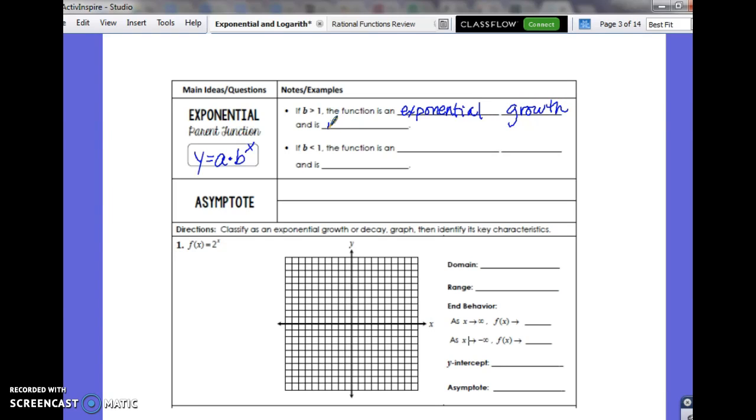Okay. And is increasing. So conversely, if b is less than 1, so you're talking like a function, 1/2, 2/3, 1/5, whatever. If it's less than 1, the function is an exponential decay. So it is decreasing.